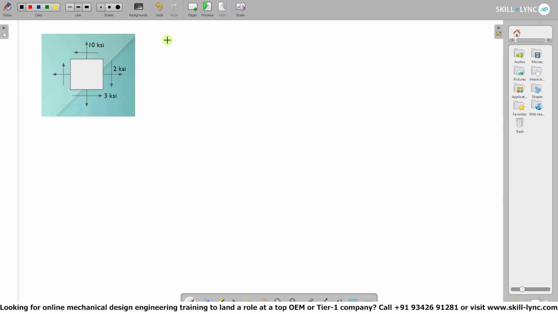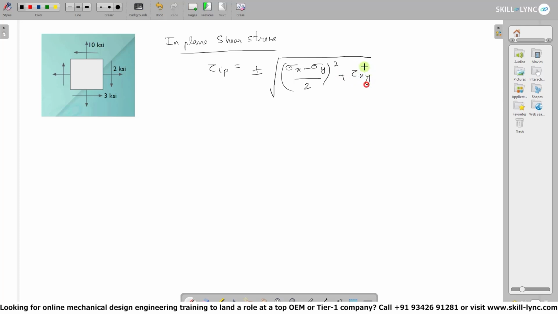As for the in-plane shear stress, the formula for in-plane shear stress is given as tau in plane is equal to plus or minus root over sigma x minus sigma y by 2 the whole square plus tau xy the whole square.